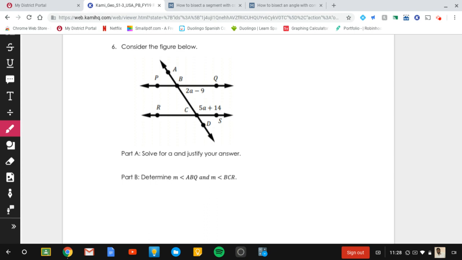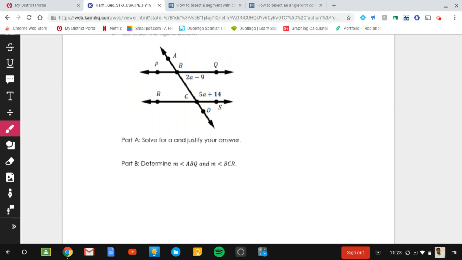All right, so here we're looking at these angles. Now this is talking about angle pairs. Do you remember your angle pairs? You are going to look at the angle pairs and ask yourself, what is the relationship between them?